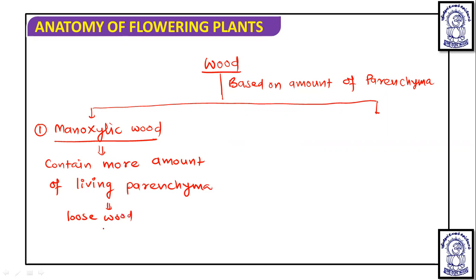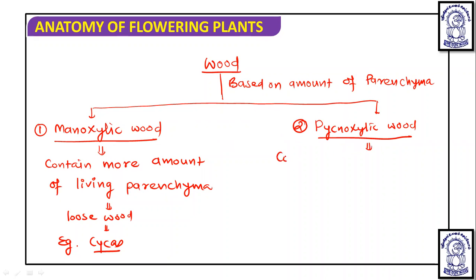This loose wood is found in Cycas. So this is monoxylic wood. And another type of wood is pycnoxylic wood. This pycnoxylic wood contains less amount of living parenchyma.